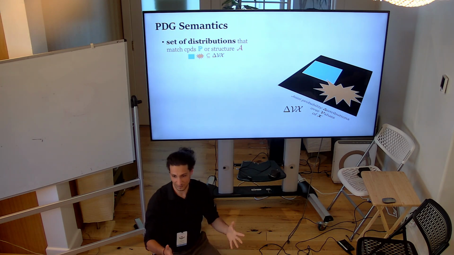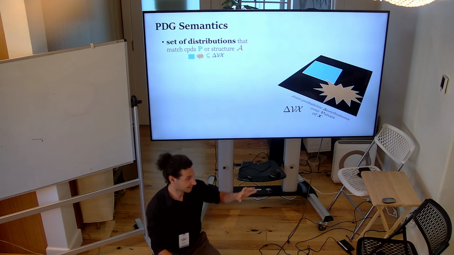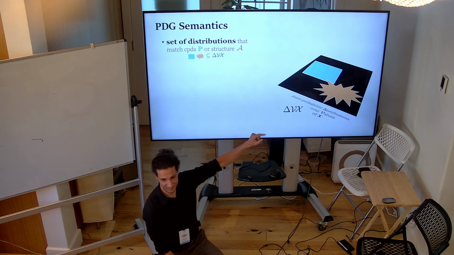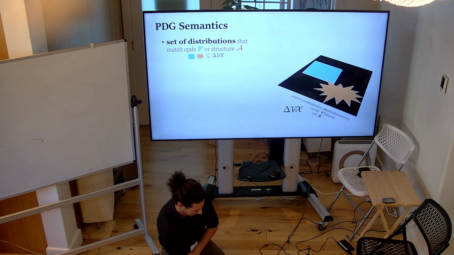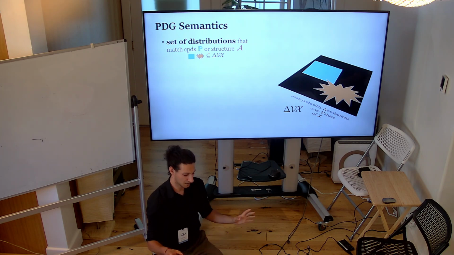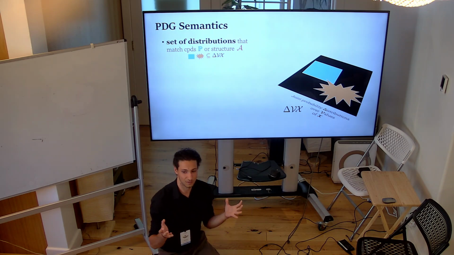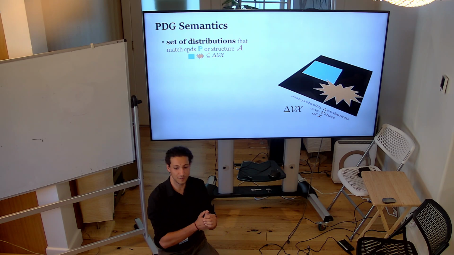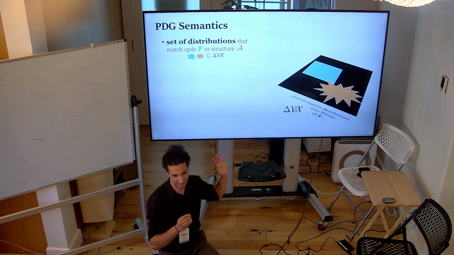It's not clear what that means for a hypergraph, but that's not convex when you make it precise. So this is one thing you could do. But now if you had a PDG that was inconsistent, then every PDG that would be inconsistent, even if it's only a little bit inconsistent, would have the same semantics if we stop here.